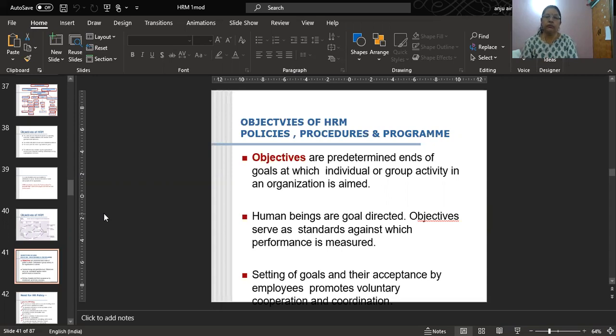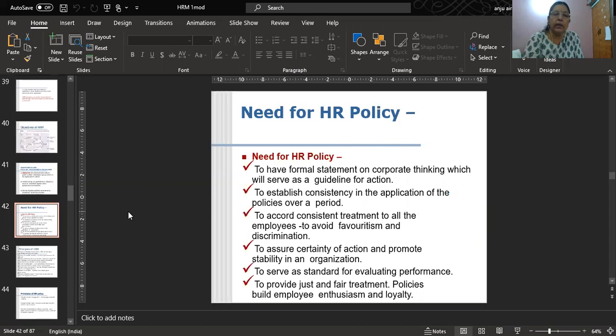These goals will be like standards against which you can measure the performance of your employees. If you determine goals for your employees, you can get cooperation and coordination from them. They will cooperate and coordinate with you, and they will put in their best performance.